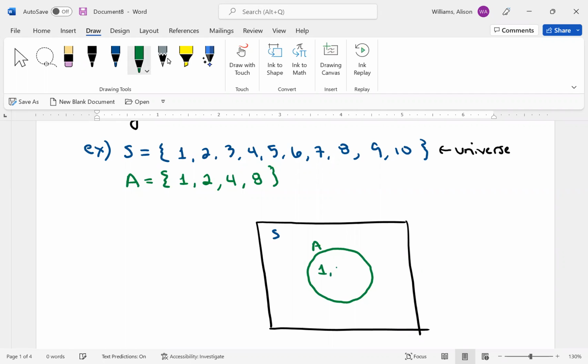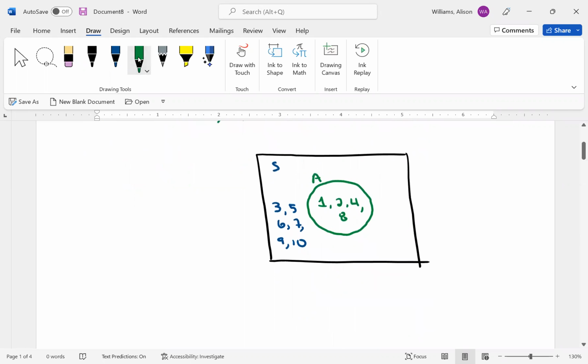So 1, 2, 4, and 8 are all sitting in the set A. Okay, so then not in set A would be the numbers 3, 5, 6, 7, 9, and 10. So outside of A, sitting in the universe are these other elements, these 6 numbers, and then inside of A are 1, 2, 4, and 8. Okay, cool. So that's how a Venn diagram could look for that information.